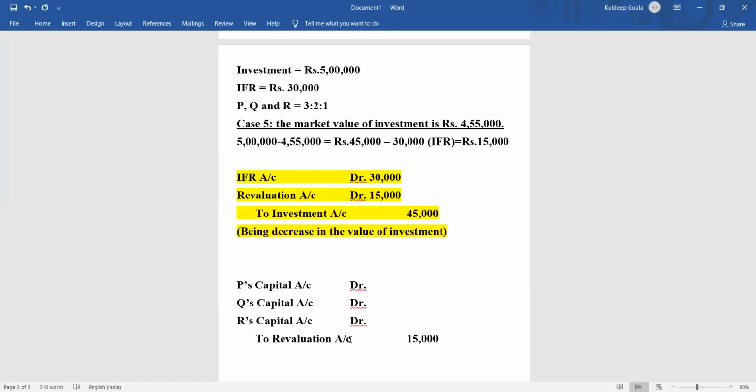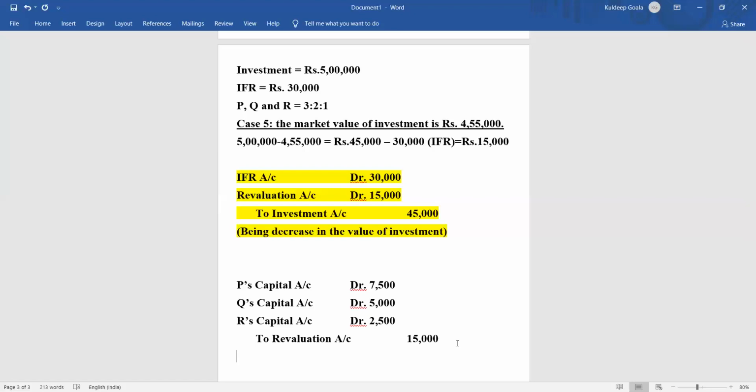So what will be their distribution? 15,000 will be distributed in 3:2:1 ratio. That is, the first will be 7,500, then 5,000, then 2,500. Is it clear, everyone? Okay, so this is how the situation will appear.